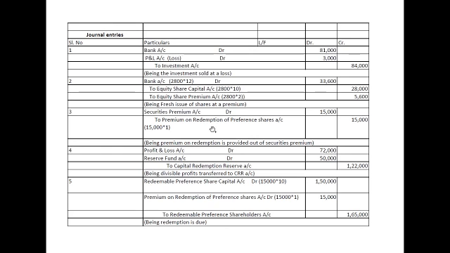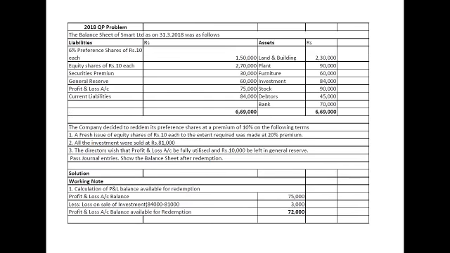Next journal entry. Whenever redemption is made at premium, always that premium amount should be paid out of securities premium. You can't use general reserve or profit and loss account. So in this problem, in the balance sheet they have given the securities premium amount.